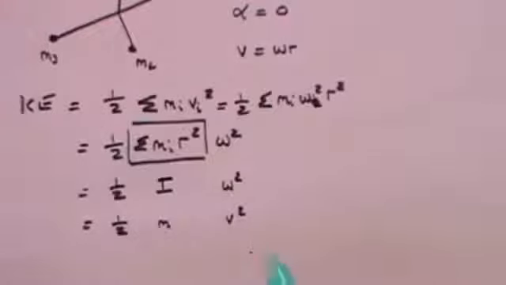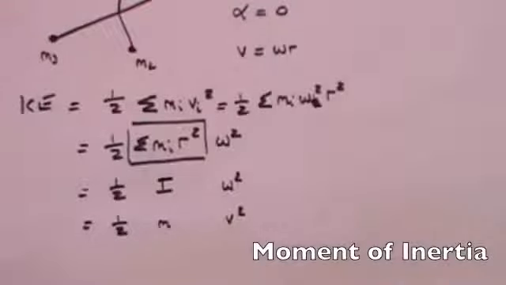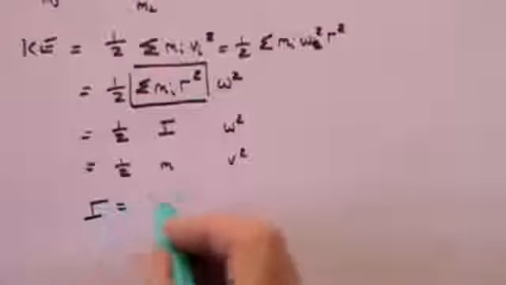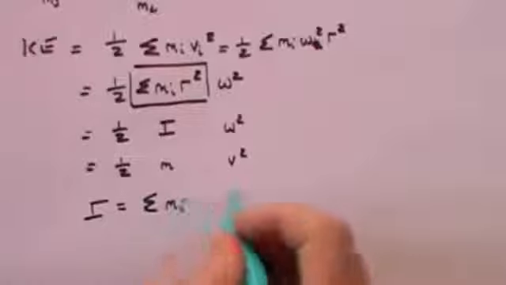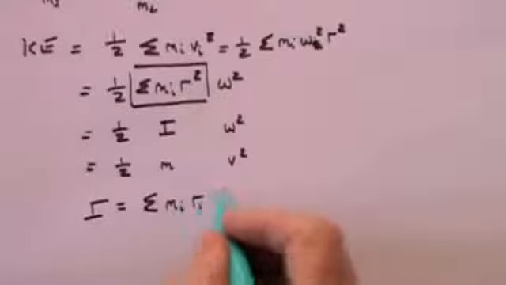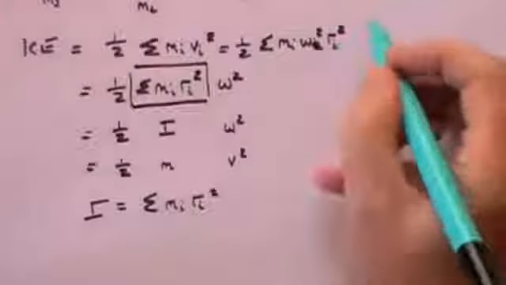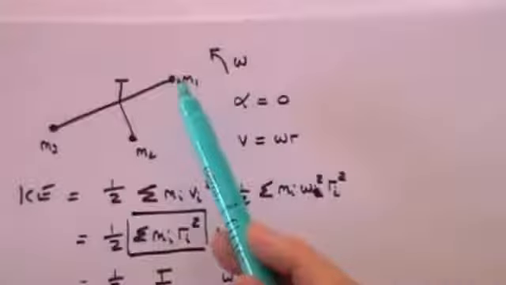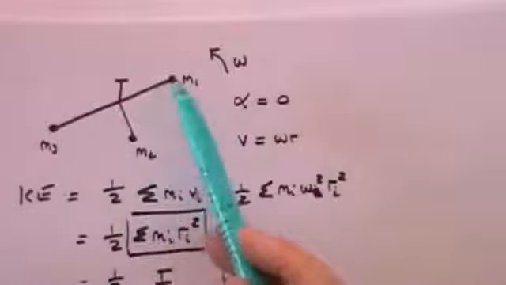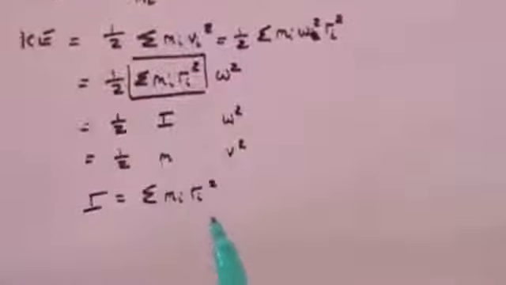And that I is called the moment of inertia. So the moment of inertia is equal to the sum of mi ri squared. There should incidentally be an i up there, as there should be an i here, because it's the radius of the ith point. Just to be clear, you multiply each mass by its distance from the pivot. And those are different distances, which is why you have to have an ri squared for each mass.